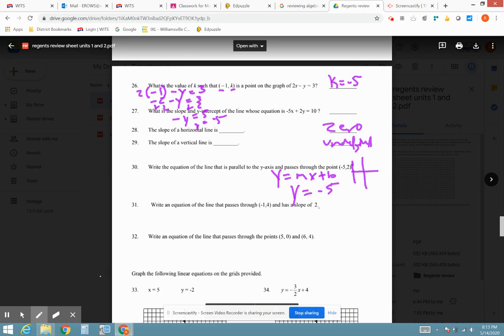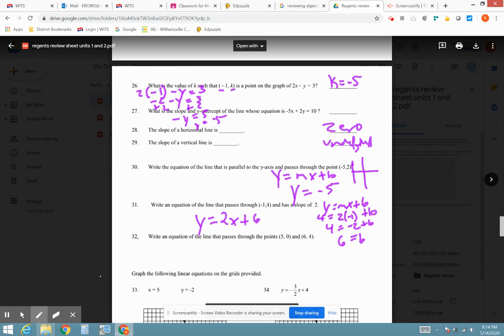Pass this through. So here, again, y equals mx plus b. The slope is 2. You have the point, y value, x value, b equals 6. So y equals 2x plus 6. So you're just using what you know and plugging in.